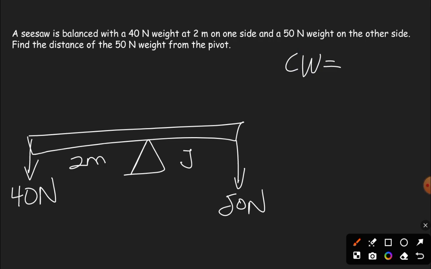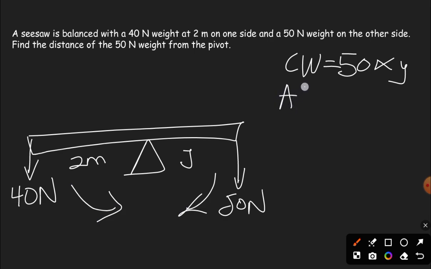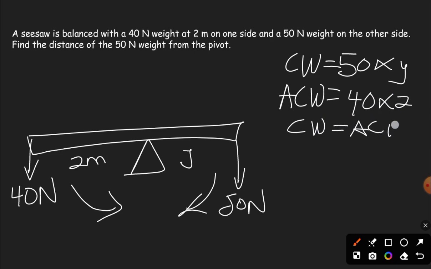So our clockwise moment, we have 50 multiplied by y. This is how the clock moves. This is the anticlockwise moment. So anticlockwise moment, we have ACW, 40 multiplied by 2. Clockwise moment equals anticlockwise.